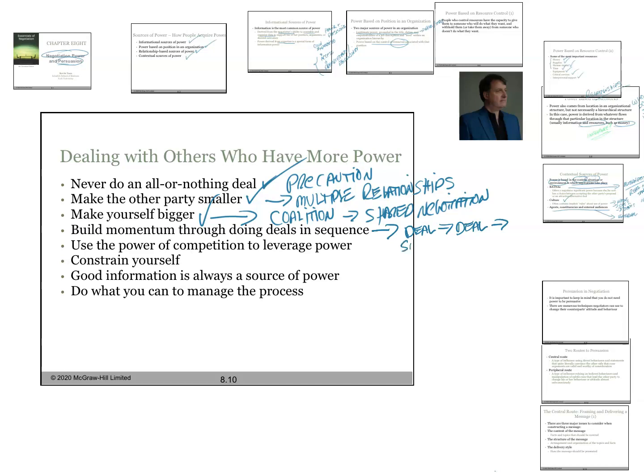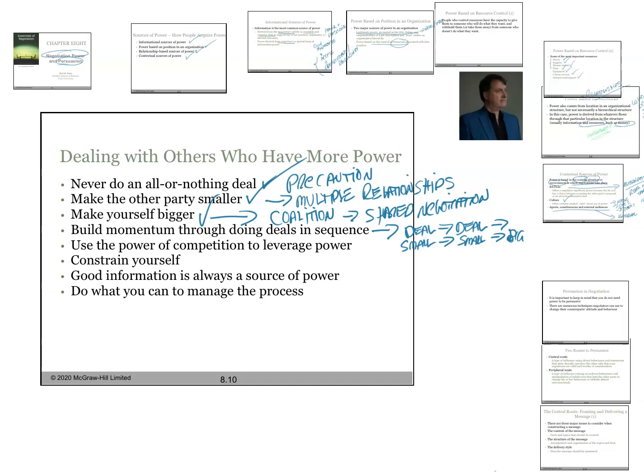Typically, this shows up as smaller deals initially, and then you start to get into bigger deals afterwards. By developing this momentum with smaller agreements, you start to develop trust and a working relationship, and the power is less of a factor. In fact, the larger power entity, your opponent, may see it as being benevolent or supportive because you start to develop that personal relationship.